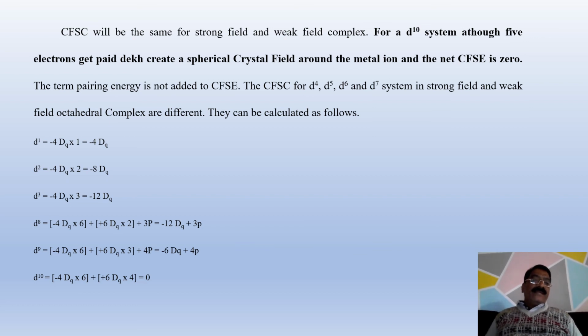Here we calculated for the d1 system minus 4 Dq, d2 system minus 8 Dq, d3 system minus 12 Dq, d8 system minus 12 Dq plus 3 pairing, d9 minus 6 Dq plus 4 pairing and d10 0. There are 5 pairings, but they are not considered here.